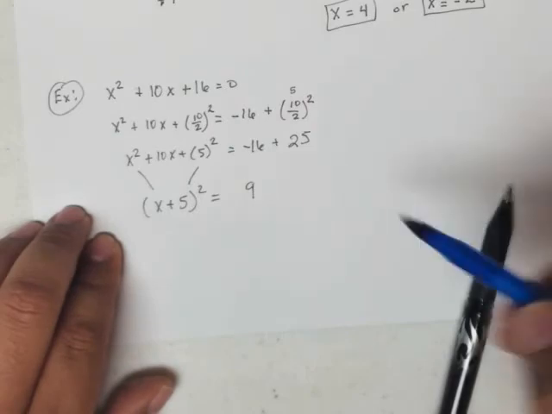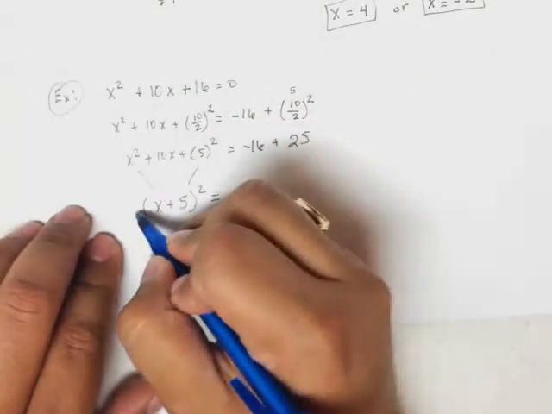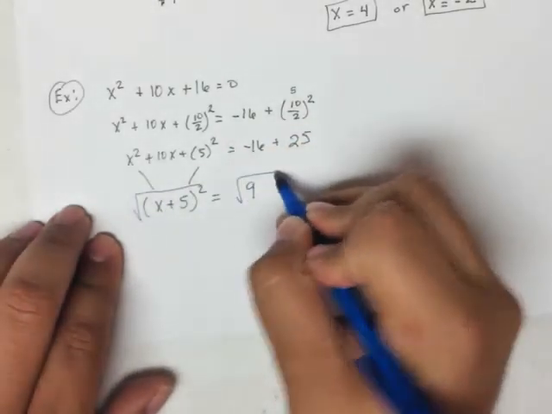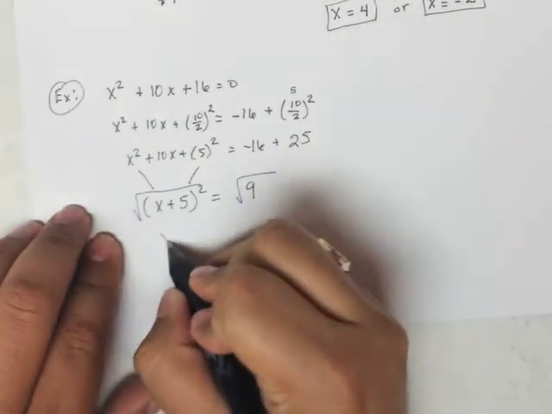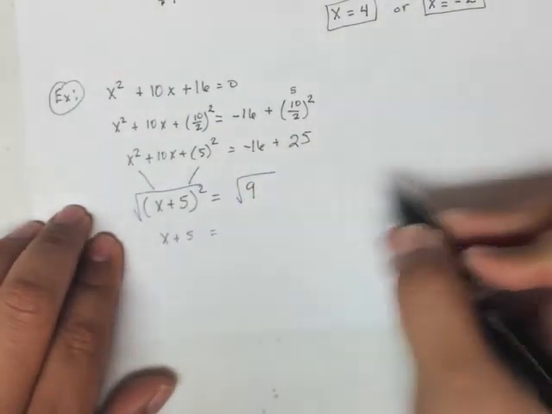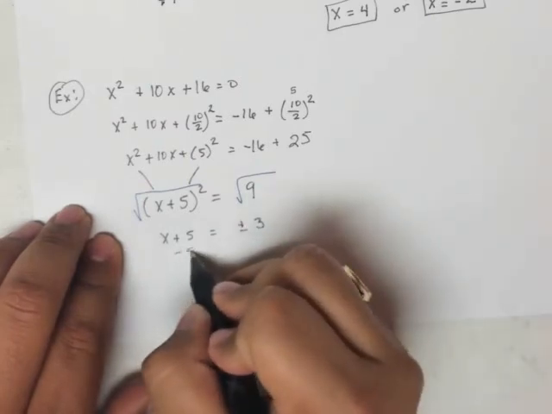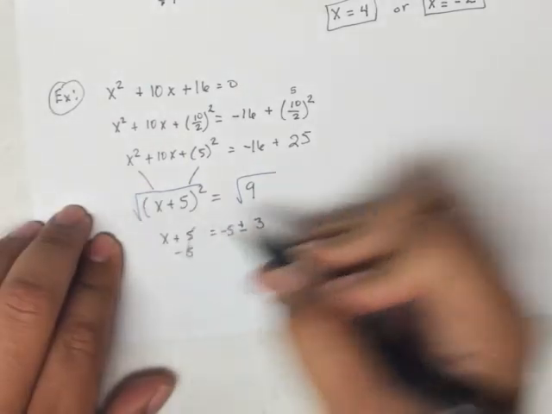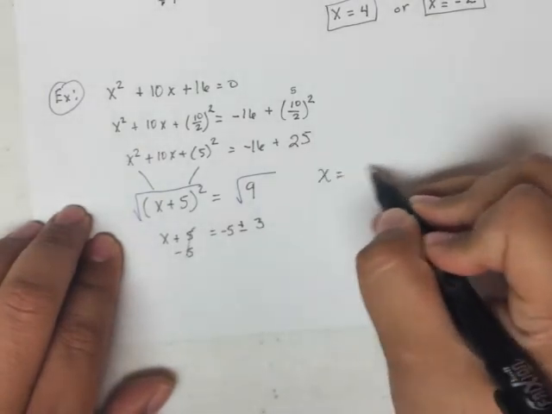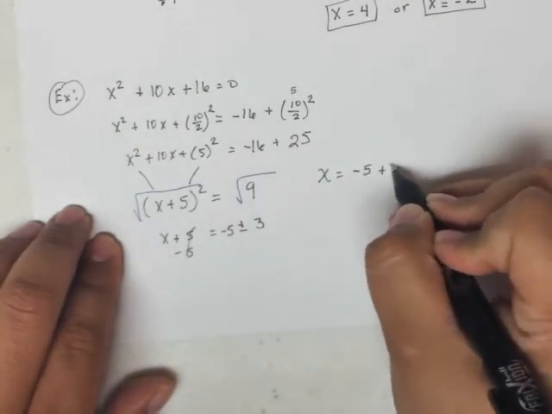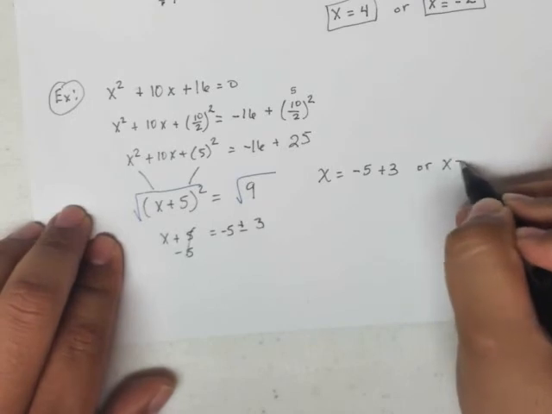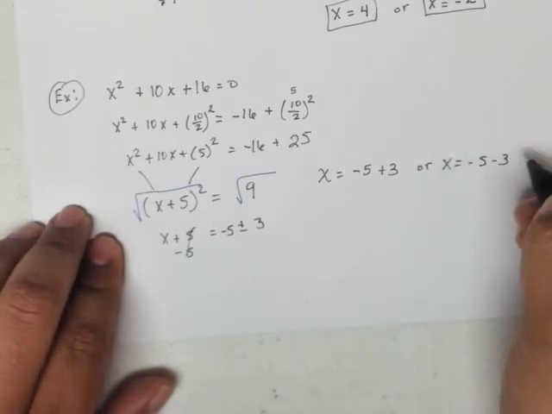And again, we can apply the square root property, and I get x plus 5 equals plus or minus 3. I'm going to subtract 5 from both sides. x equals, in this case, negative 5 plus 3, or x equals negative 5 minus 3.